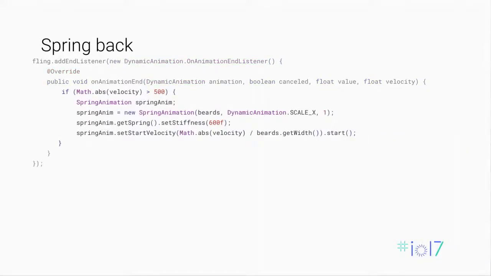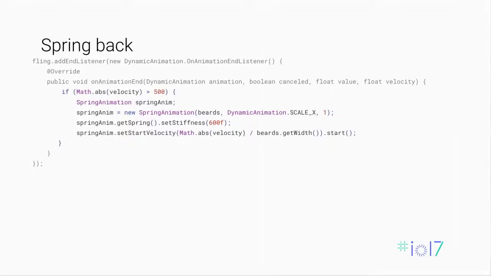If the velocity is high enough, then we're going to create the spring animation for the stretching effect. And we're going to create the spring animation for this whole list on its scale X property so it can stretch horizontally. And as always, we're changing the spring constants to make the animation look good for this particular case.